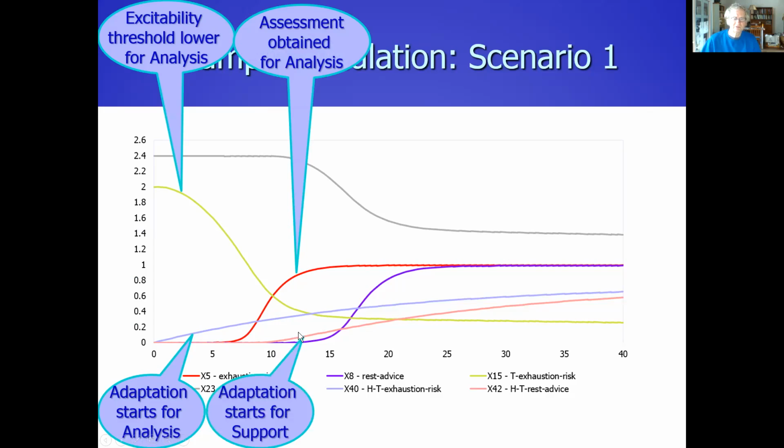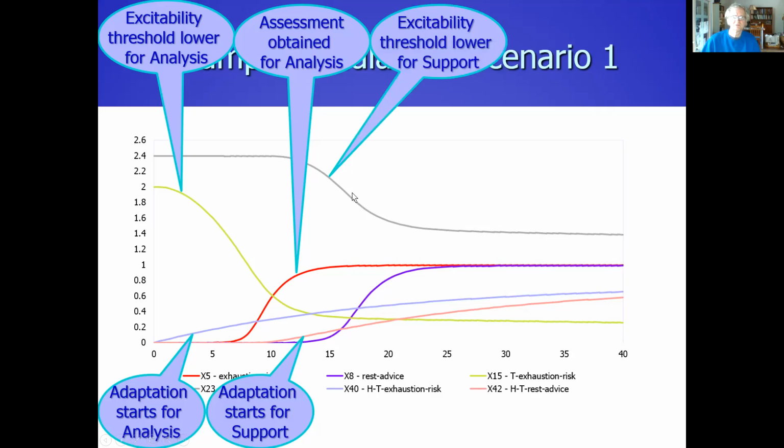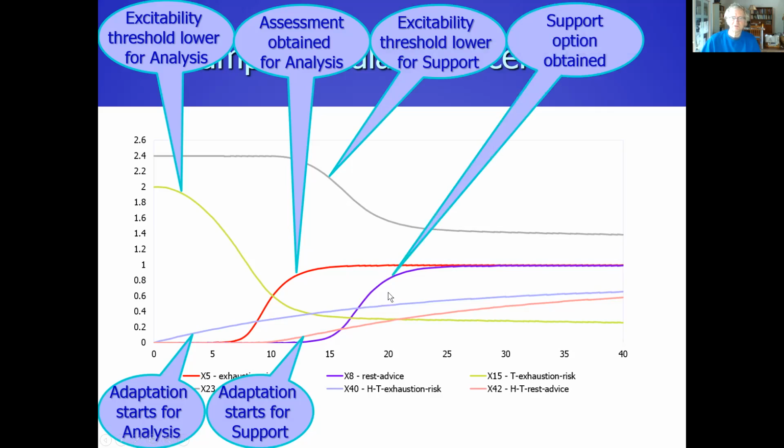Because of that, we have a start of the adaptation for the support model, and then you indeed see that the thresholds are adapted. And because of that, we can obtain the support that you want to find. So that shows how it works.